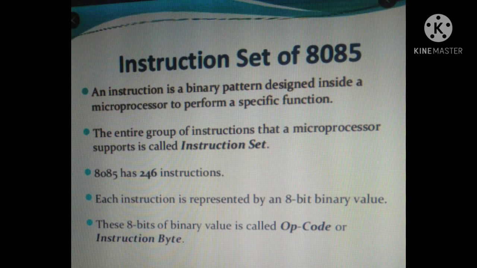This is an exam view, fill in the blanks: 8085 has blank instructions. The answer is 246 instructions. Each instruction is represented by an 8-bit binary value, called a byte. These 8 bits of binary value are called an opcode or instruction byte.